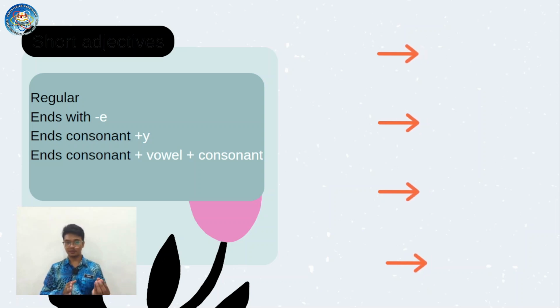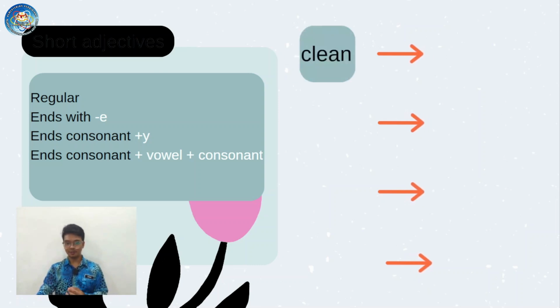Some comparative adjectives end with the letter E, some end with consonant Y, and some end with vowel plus consonant. Let us take a look at the examples.